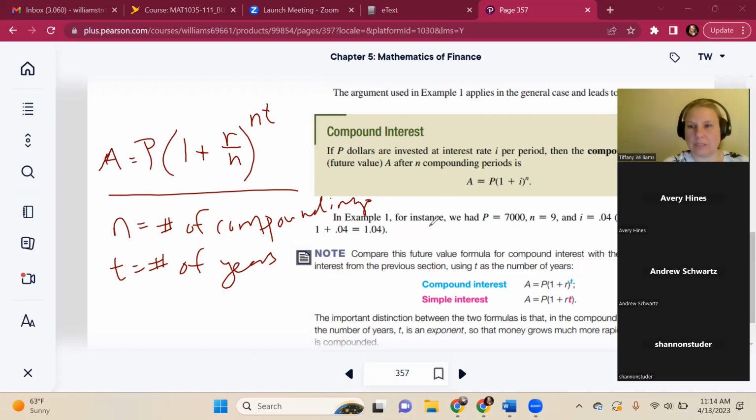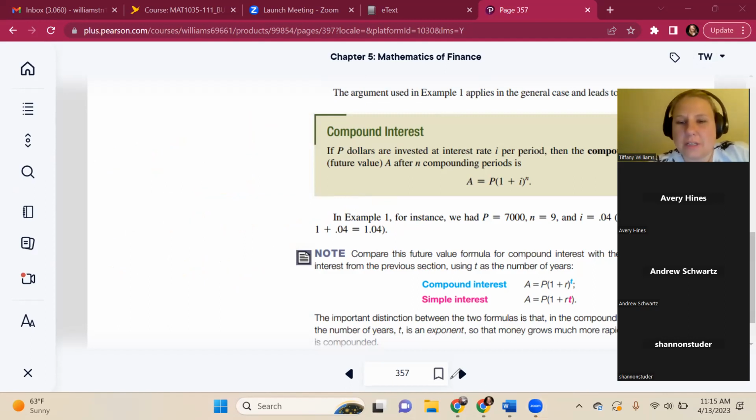Does that work with you guys? Yes, I think it's going to be easier in the long run. All right, cool. Let me go see what else we've got to look at here. So let's go to page 359.